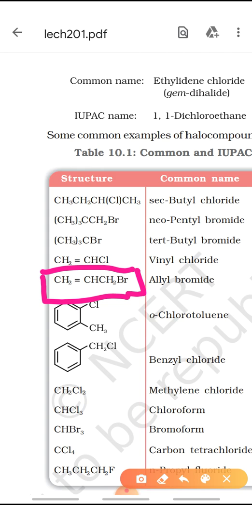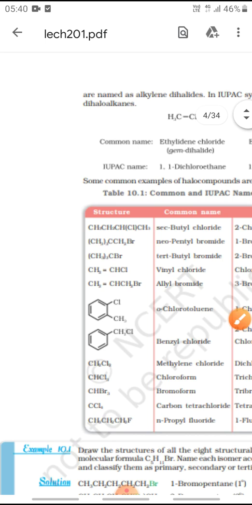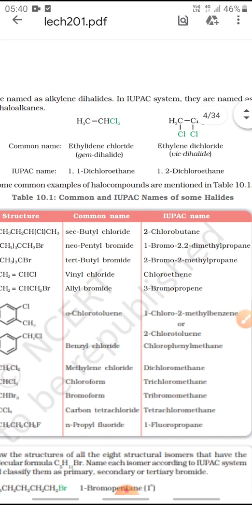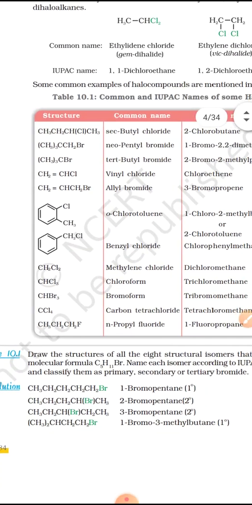So numbering will start from that side where the double bond gets the least possible number. So this will be carbon number 1, carbon number 2, carbon number 3. It will be 3-bromoprop-1-ene, or simply you can write it as propene.